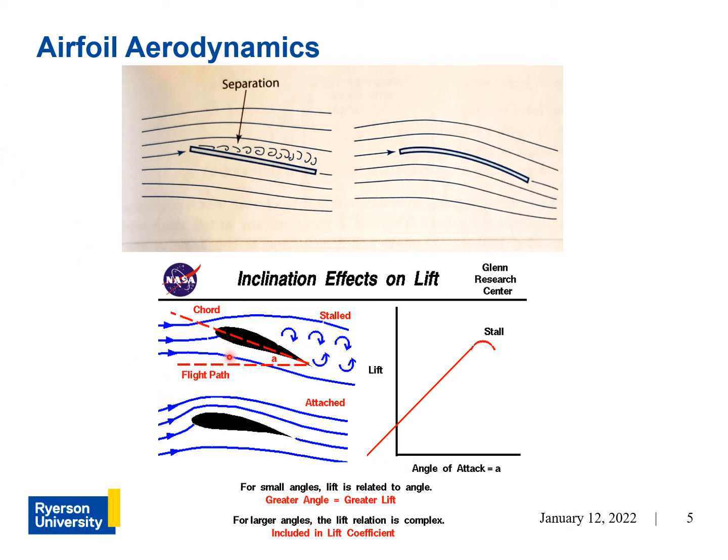Now, flow separation is an important concept to understand in aerodynamics. Again, we go back to this diagram and a flat board here that has no curvature, aka camber, at an angle to an oncoming flow of air will produce lift.